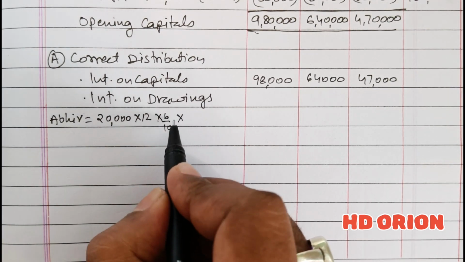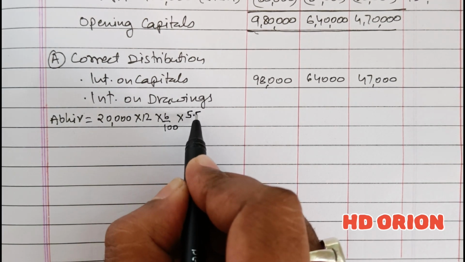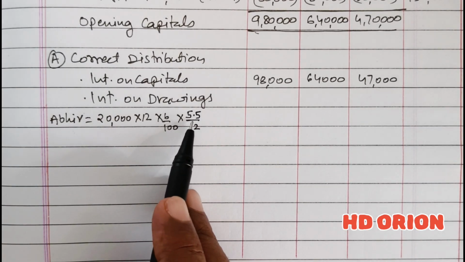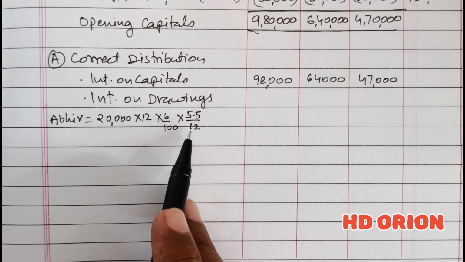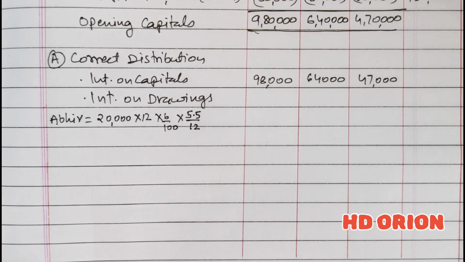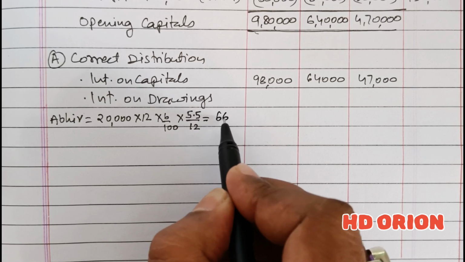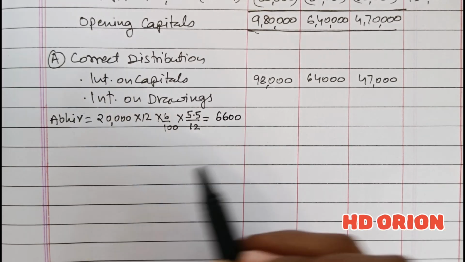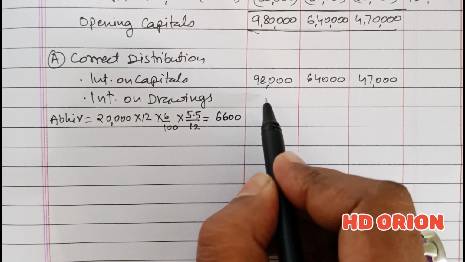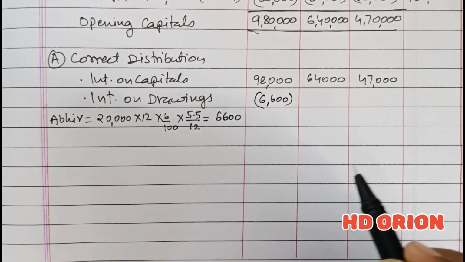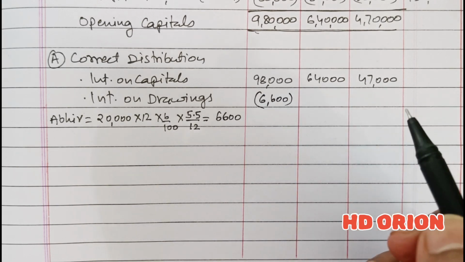So what is the average period? It is 5.5 months, which we already know. We have already discussed it when we were discussing interest on drawings. So when you calculate here, you get rupees 6,600 as interest on drawings for Abhir. Because it is reverse in nature, we will subtract it from interest on capital.